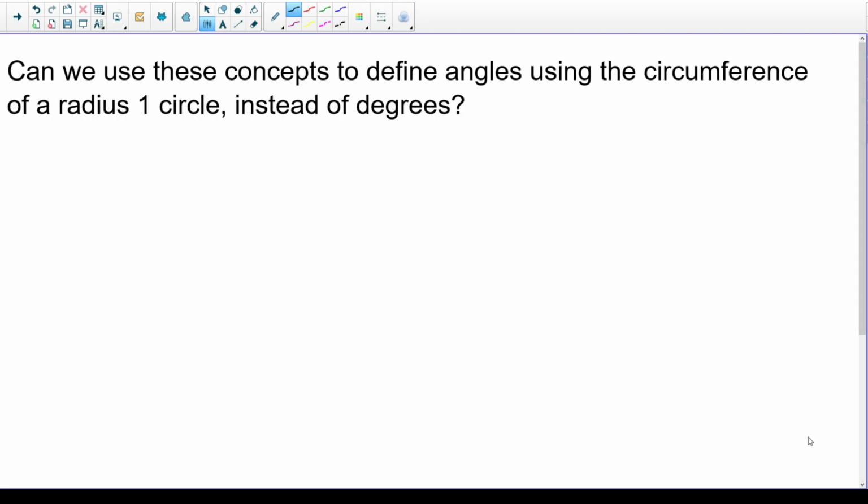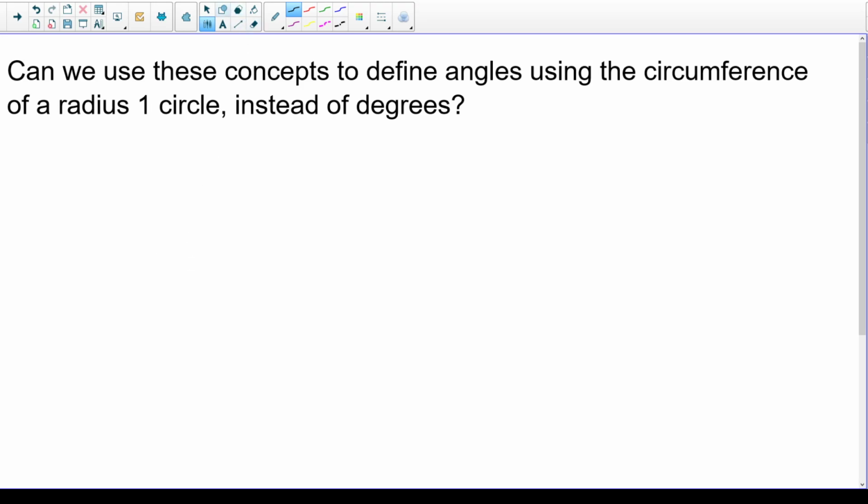So the question becomes, can we use these concepts that we just talked about to redefine angles using the circumference of a circle instead of degrees? We're going to use a radius 1 circle, just like we did with the magic circle to start. As we've seen with the magic circle, you can change the size of the circle later on, and proportionally everything still works. But we're going to use a radius 1 circle to start.